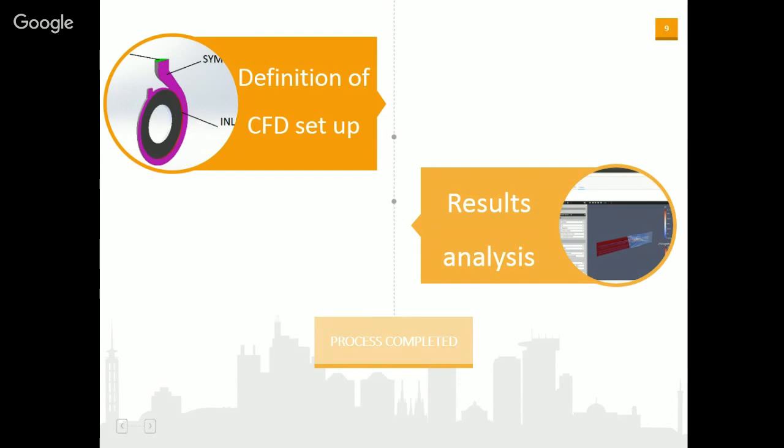For instance, in our case, we have to specify what is the heat flux we want to extract from the CPU. And then obviously there is the results analysis. In this phase, we get all the data created during the simulation and we analyze them in order to understand whether they satisfy requirements or not.